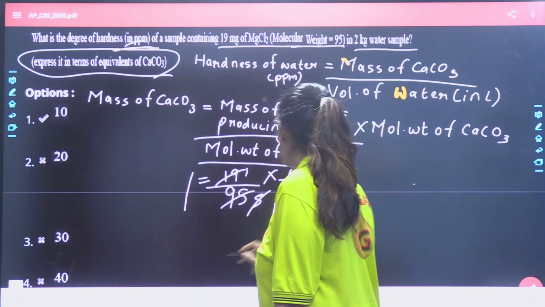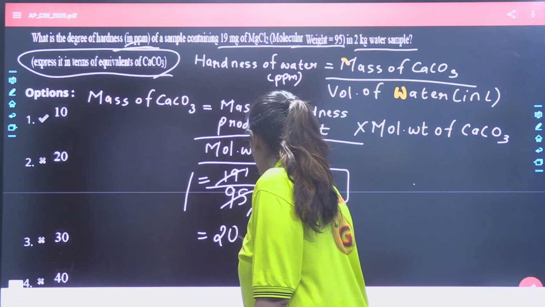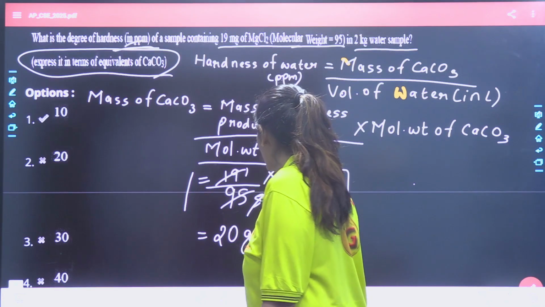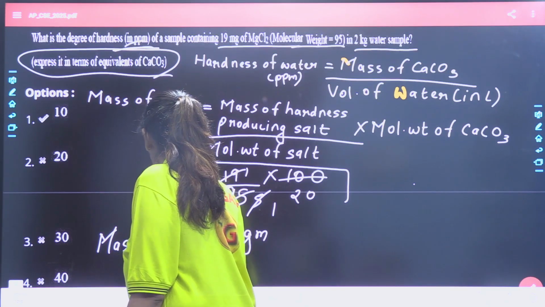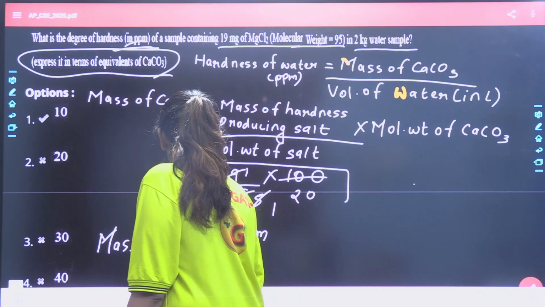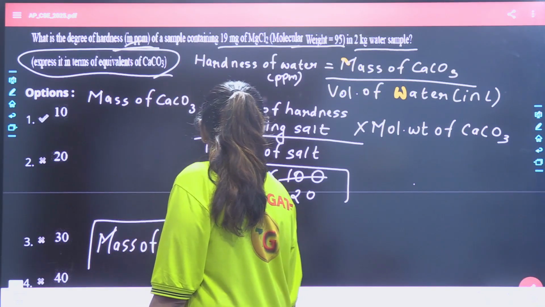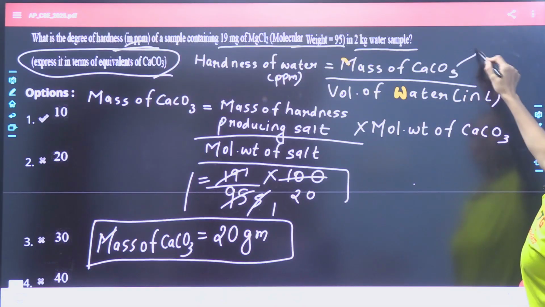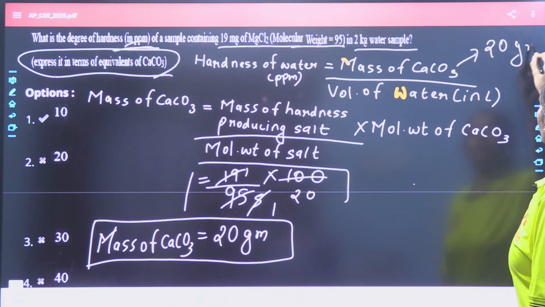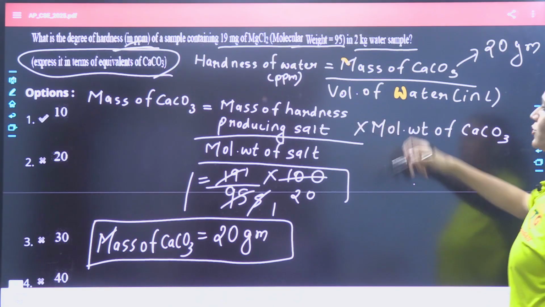This came out to be 20. So the mass of calcium carbonate came out to be 20 grams. So here we would put 20 grams.